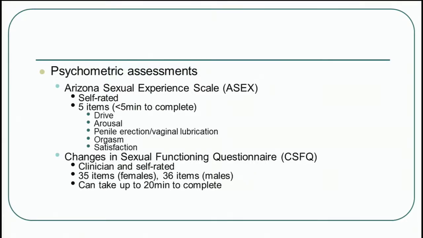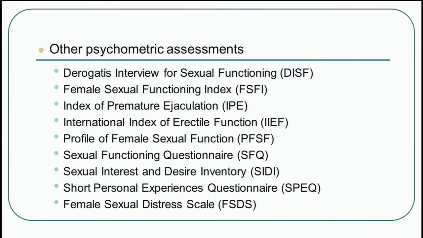So you can see here, there is quite a range in the psychometric assessments available. On this slide here, I've listed some others, which fall somewhere in between, and which may be for a specific indication, but you have plenty of options should you want to implement that into your patient's care.